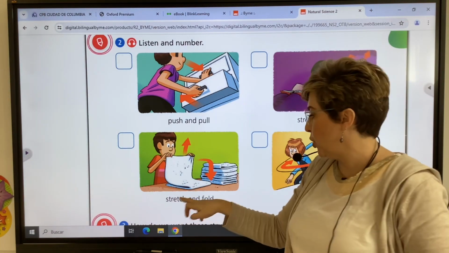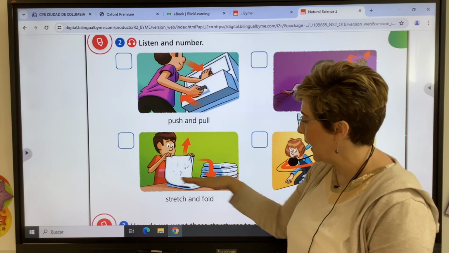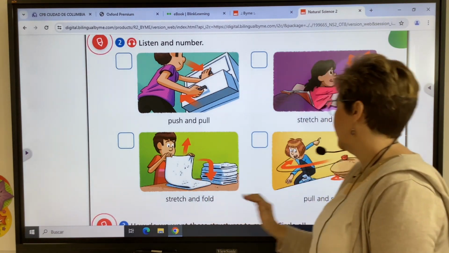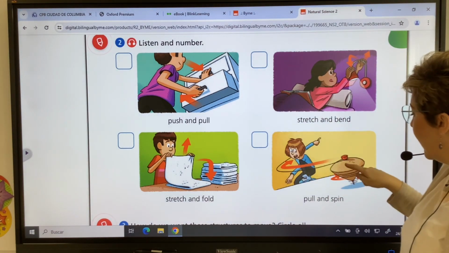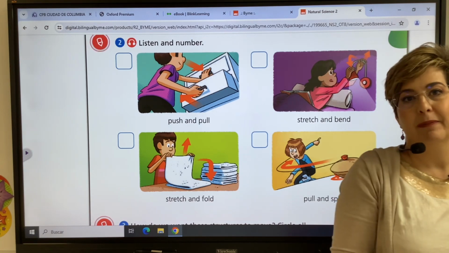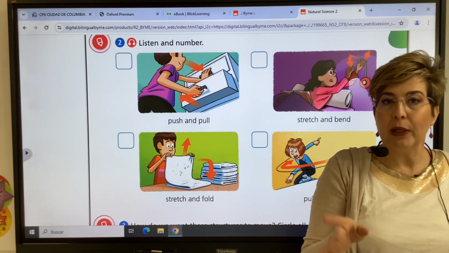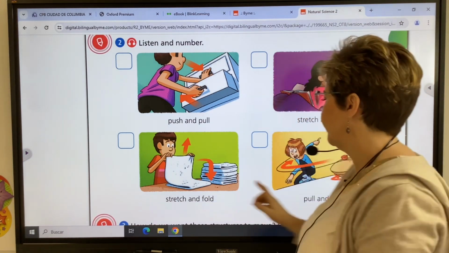You stretch and fold the towels. Stretch and fold. And you pull this and spin your toy. Is that clear? Okay, we are going to watch the video and finish the unit.